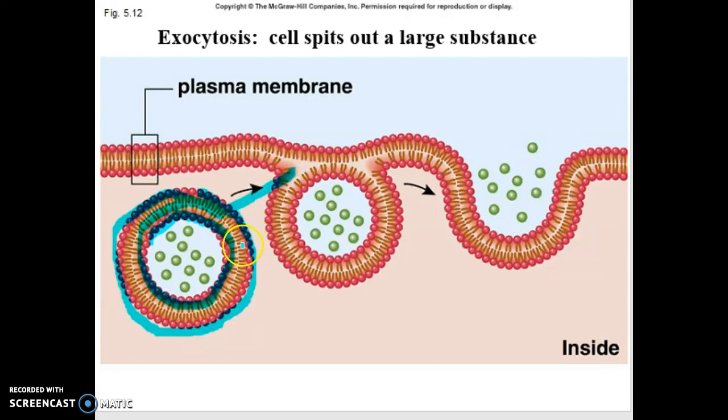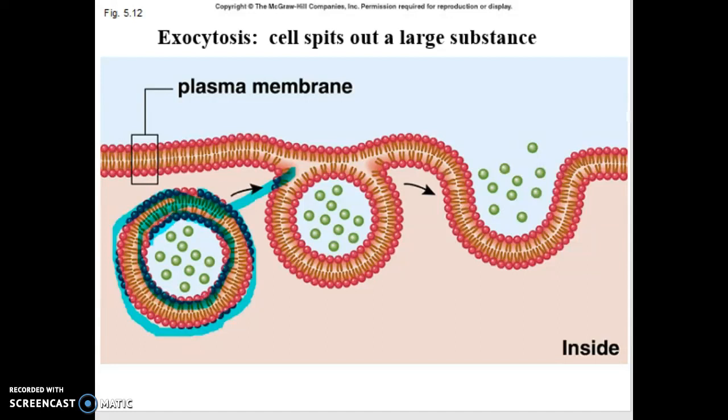Because these are all phospholipids, they literally can blend together and fuse together, and then it opens itself up, and those big molecules are now on the outside of the cell. So it's excretion, or expelling a large substance from the cell, when we talk about exocytosis.